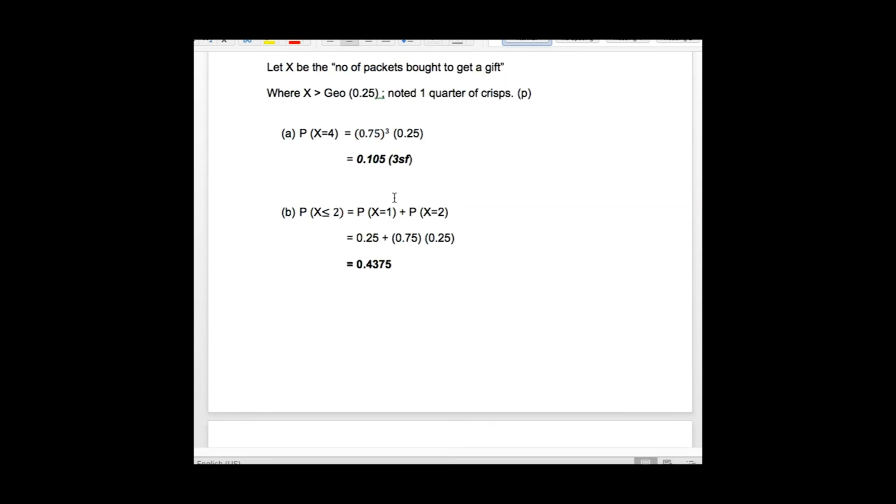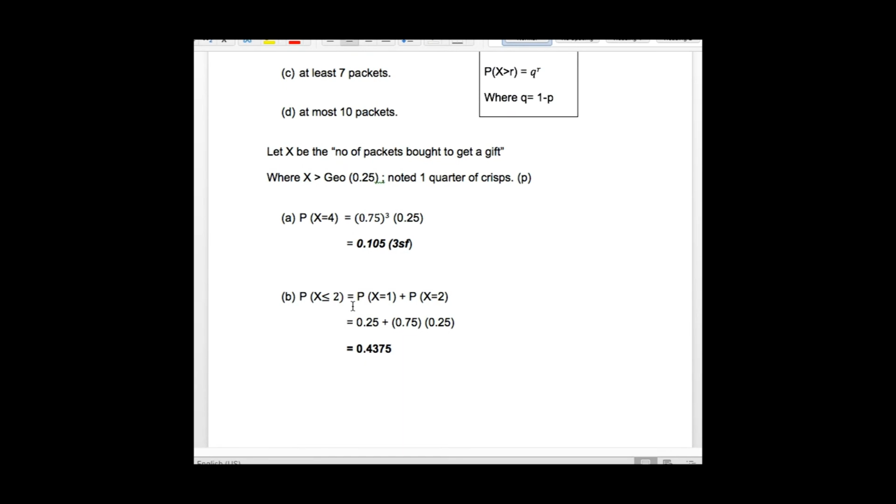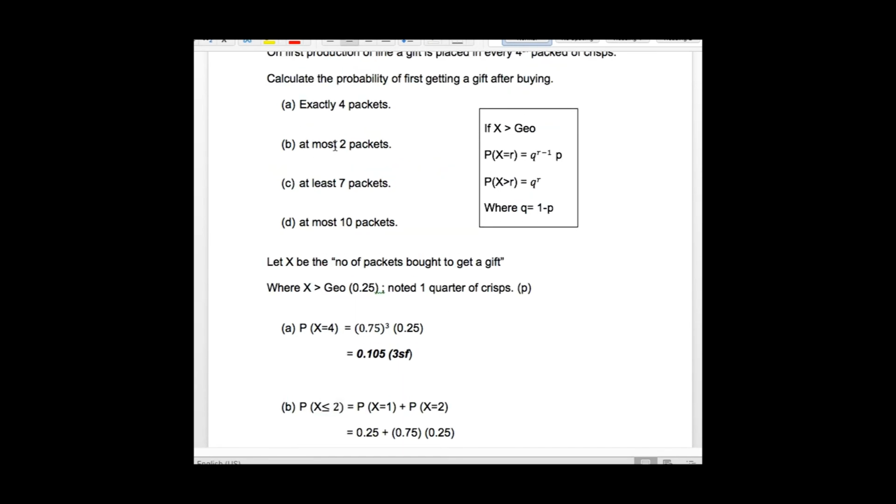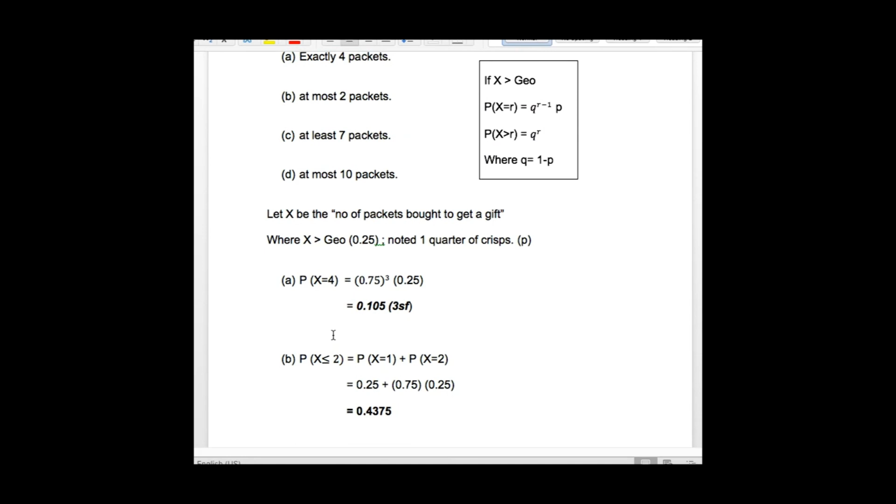Meanwhile for part B, at most 2 packets, which is P(S ≤ 2). This equals P(S = 1) plus P(S = 2).